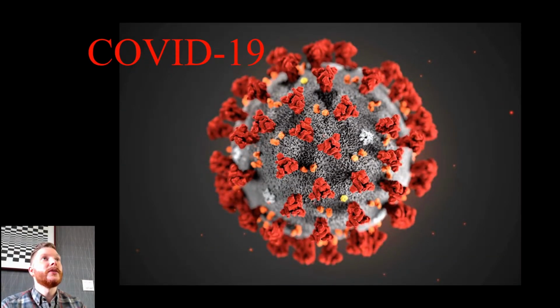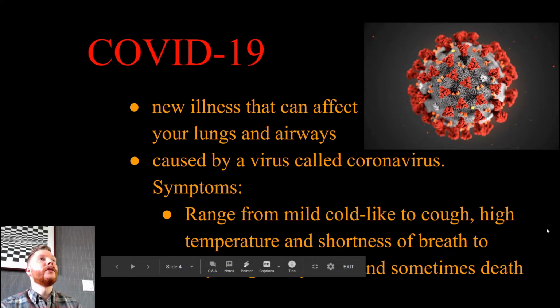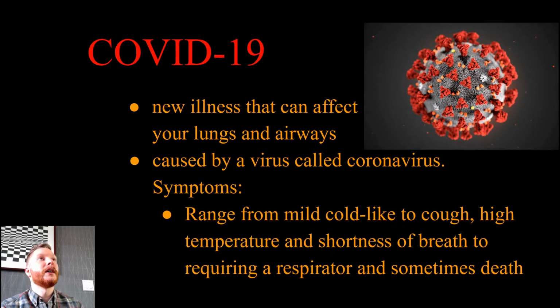Okay, so this was the image they have created. That's an artist rendering of the data that they have of what the outside of the virus is thought to look like. Okay. So as far as we know, it's a new illness that affects your lungs and airways, caused by the coronavirus, obviously. Okay, so the range of your symptoms can be mild, cold-like cough, high temperature, shortness of breath, to requiring a respirator, sometimes death.